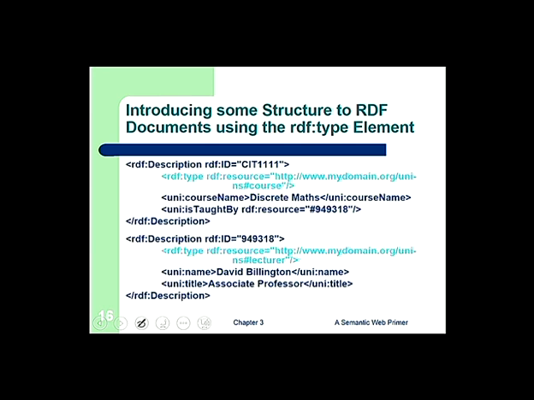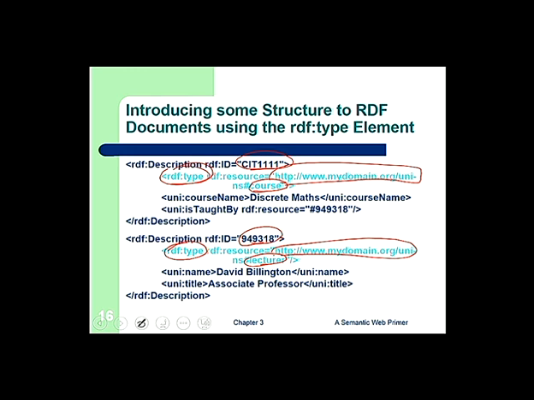So let's see. For example, here I'm talking about CIT1111, and I can say that the type of this resource is course, which is defined in this document. Similarly, we are talking about 949318. To a human being, it looks like a lecturer, but to make it more explicit, I can mention its type as lecturer, which is defined in this document. These documents are basically RDF schema documents, RDFS.